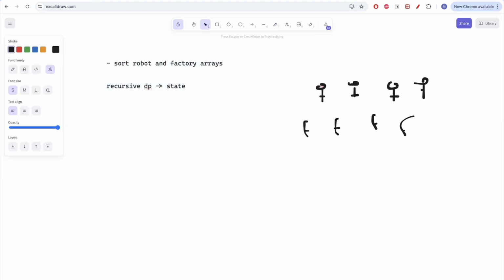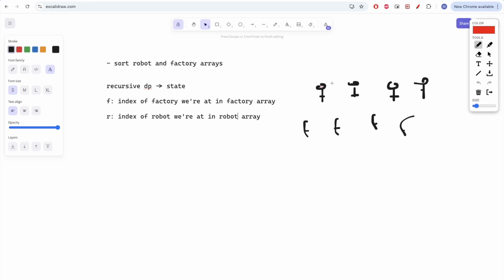So our state needs to have the index of factory we are at in factory array. And R is similarly the index of the robot in robot array, okay?